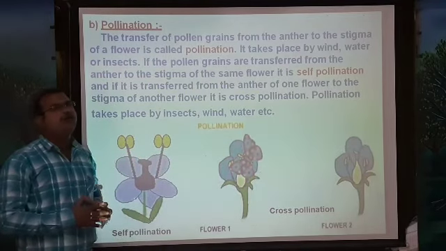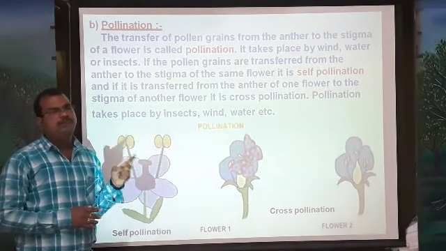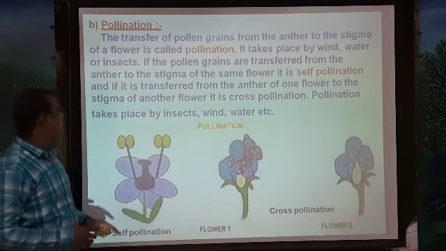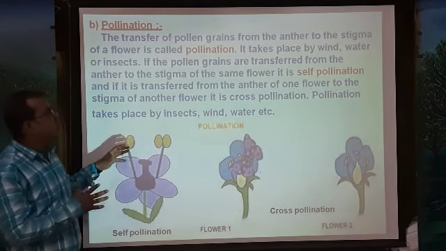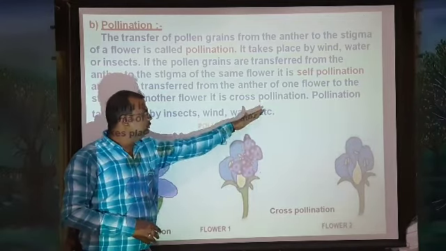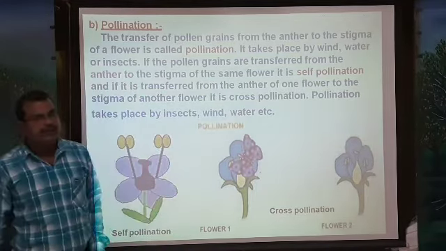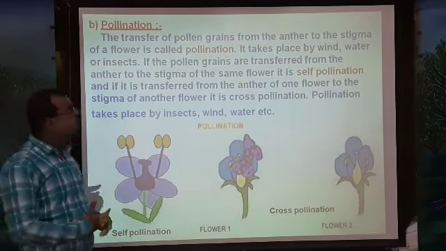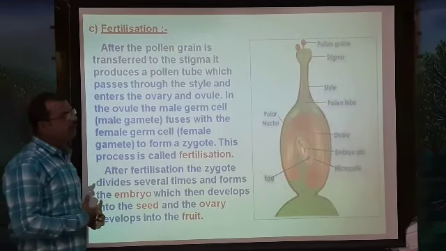So there are two kinds of pollination, one is self and the other is cross-pollination. This pollination takes place with the help of water, insects and wind. These are called agents of pollination.